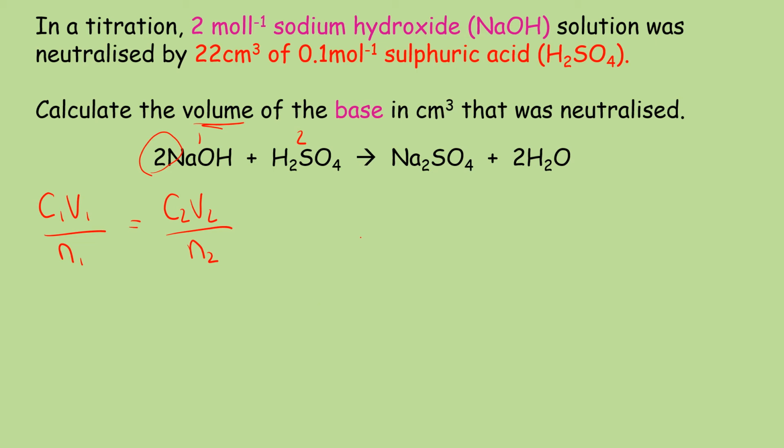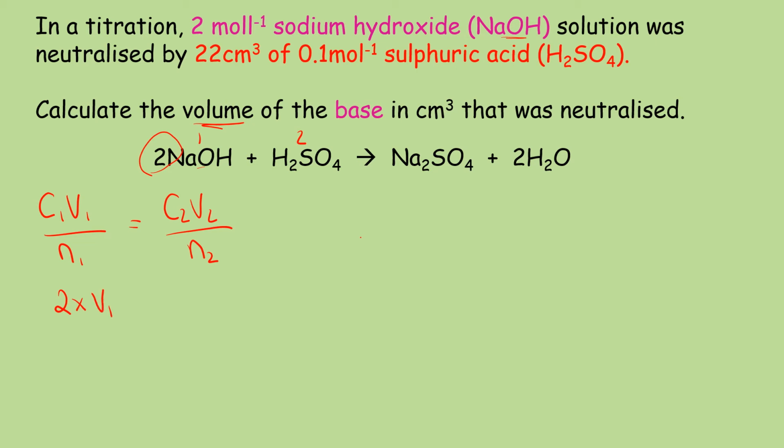Let's go through it one at a time. In a titration, 2 moles per litre sodium hydroxide solution was neutralised by, so the first chemical is our sodium hydroxide. You can see here the chemicals match up. The concentration is 2. Do I have a volume of sodium hydroxide? I don't. Calculate the volume of the base in centimetres cubed that was neutralised.